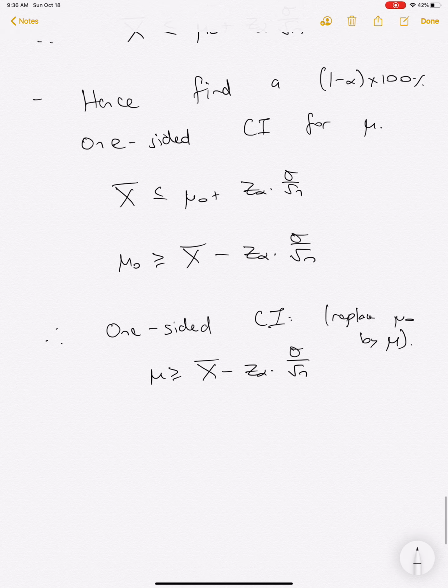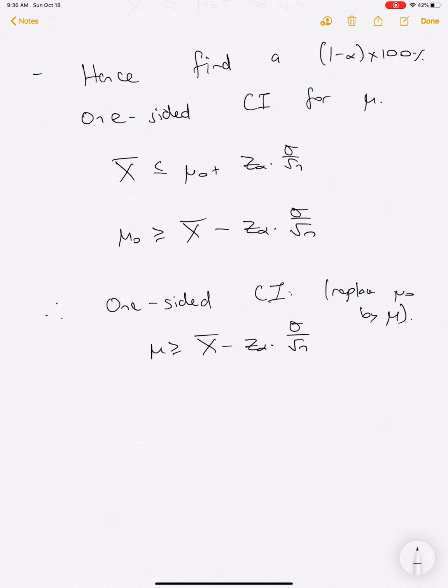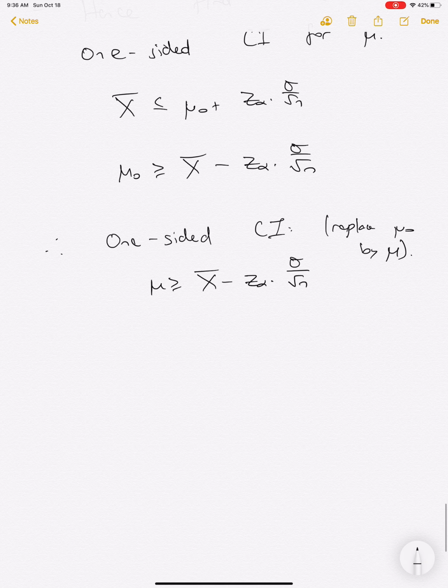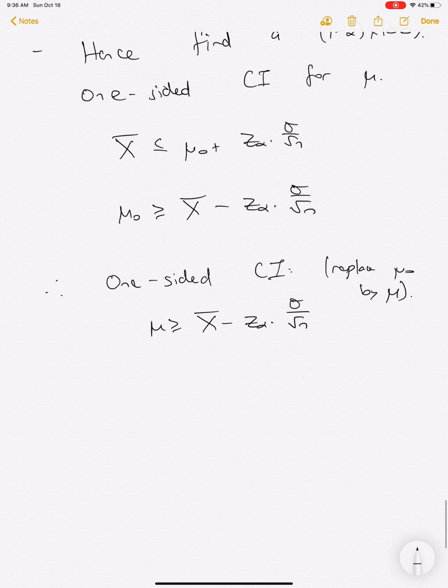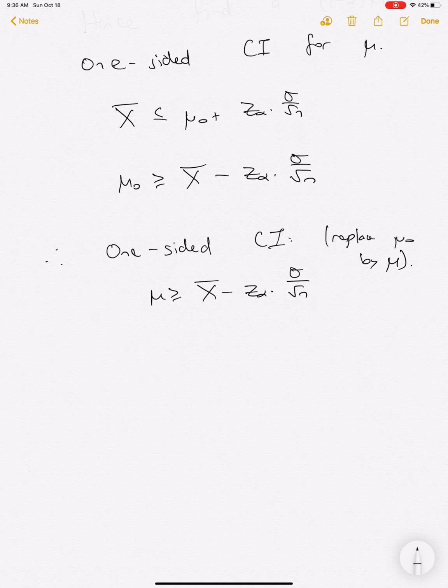Okay, and so note that we have this duality.